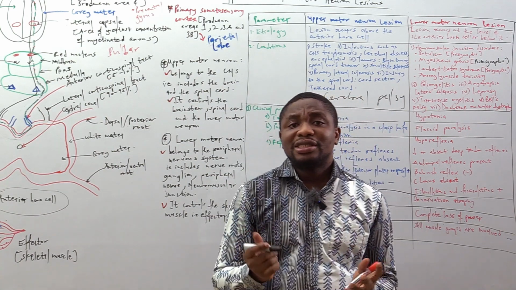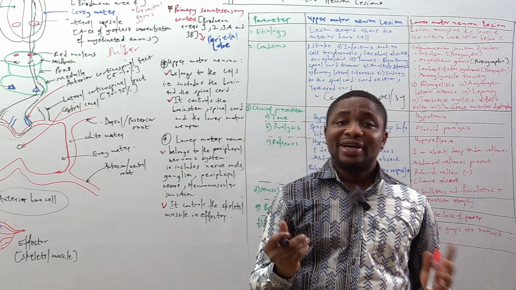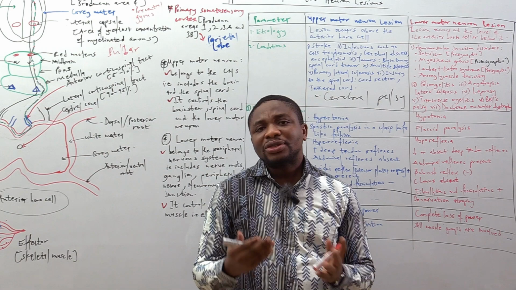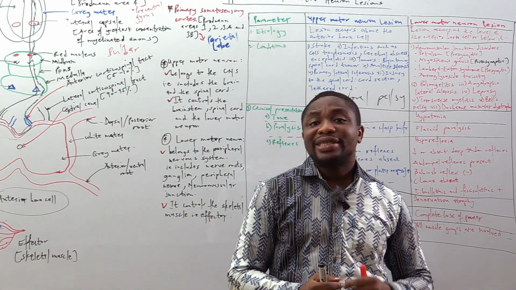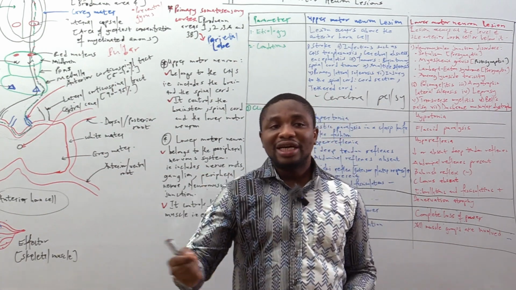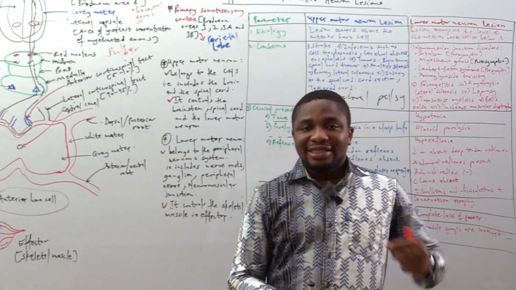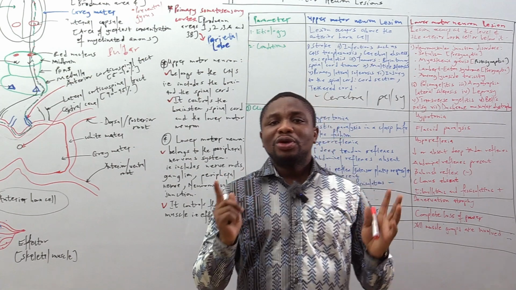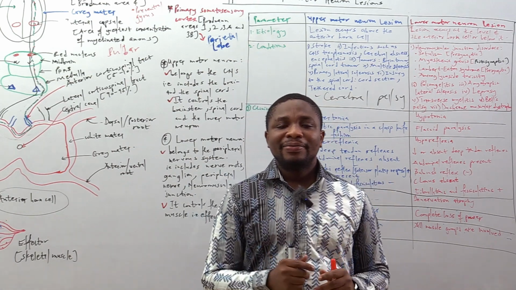Or another way we can put it is, you can take the upper to be the father and the lower to be the son. And you know, if the father is not at home, the son becomes chaotic. If the father is not at home, that is upper motor neuron lesion, the son becomes chaotic, and everything will be high.